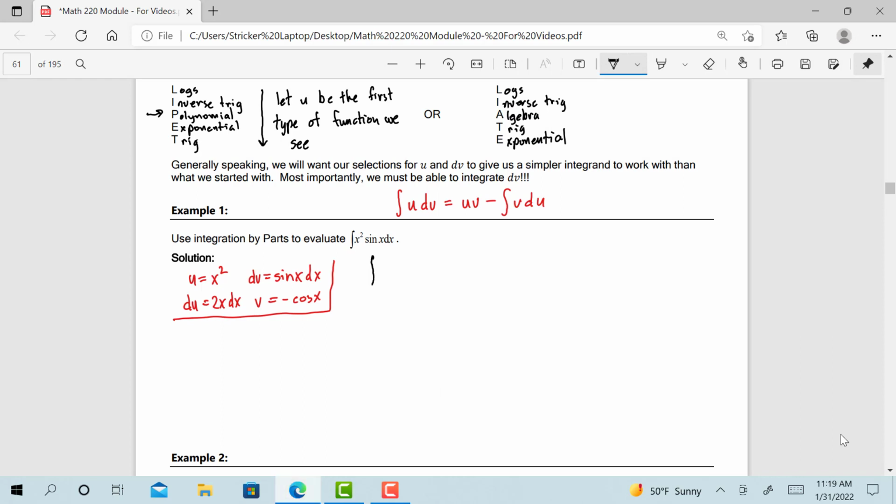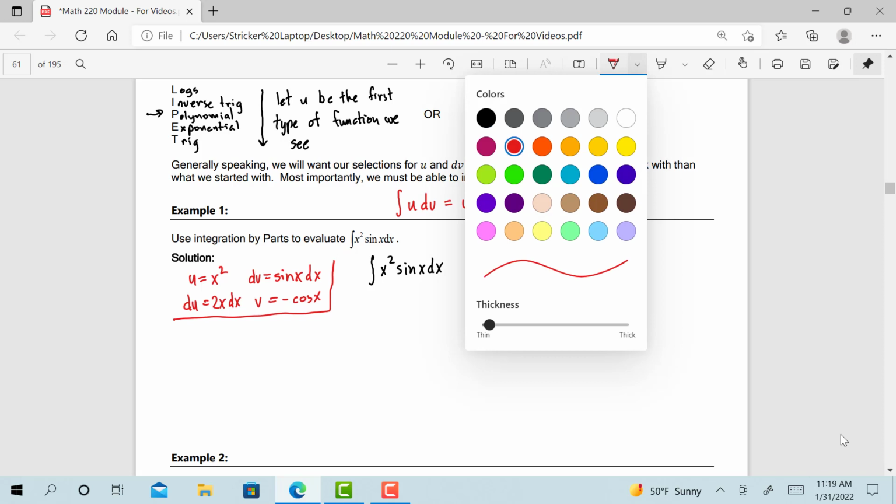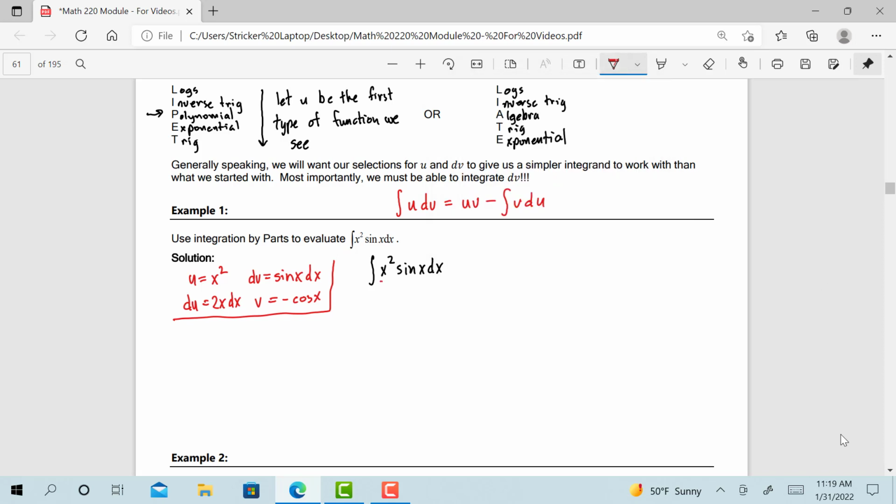So I'm rewriting my integral. I have the integral of x squared times the sine of x dx. And of course we can see those parts that we just decided on. We can see that this is our u. We can see that this is our dv.